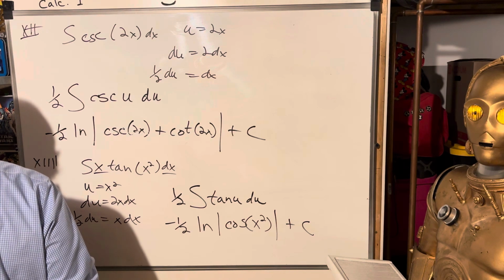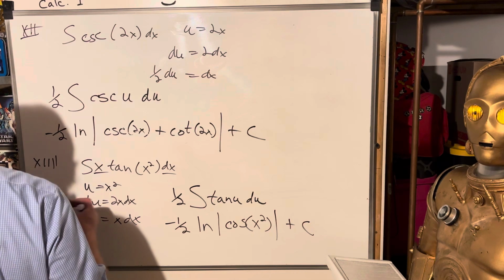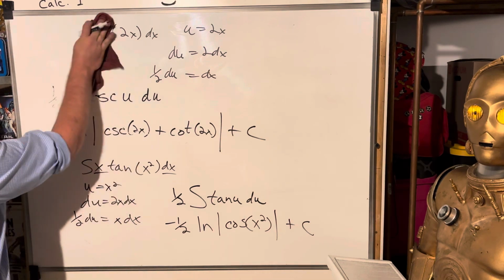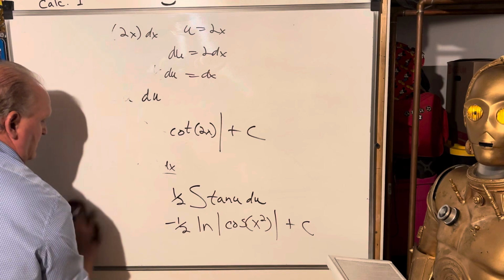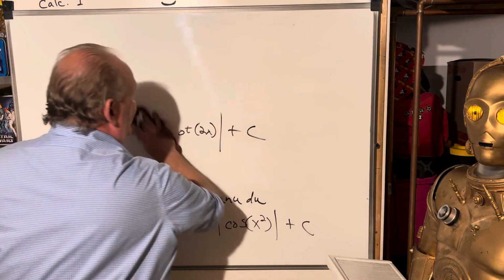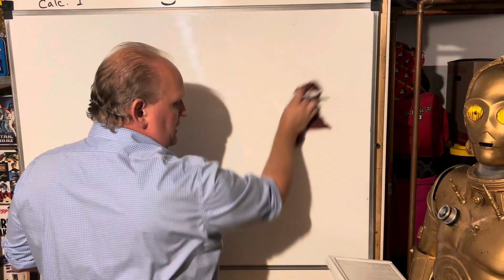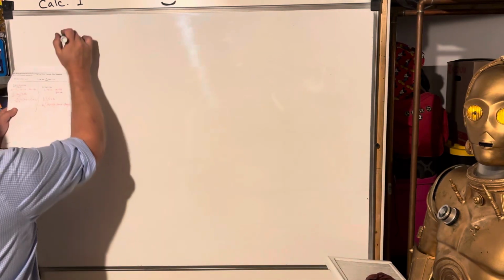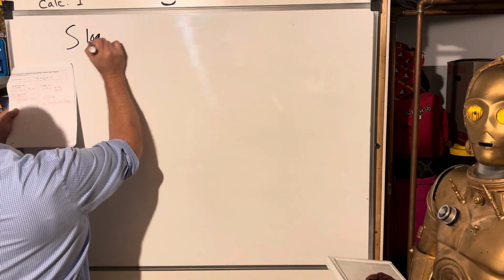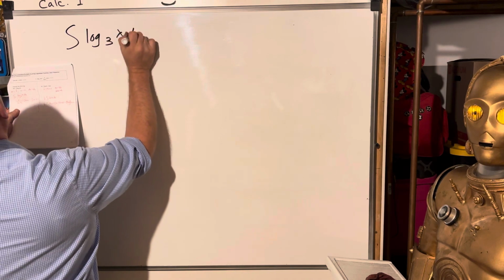Okay, so here, we're going to do these really fast. We're not too worried about these. These, again, are a little more Calc 2, a little less Calc 1. Log base 3 of x dx.